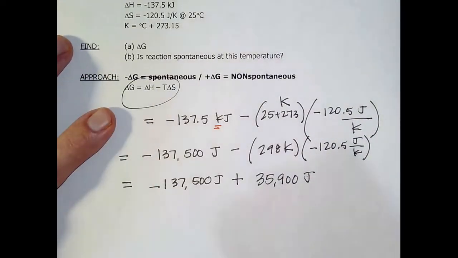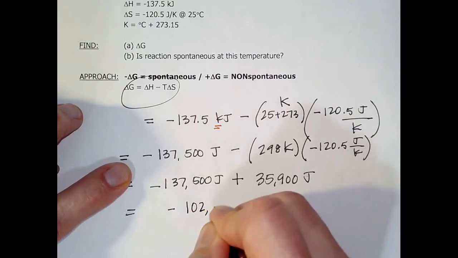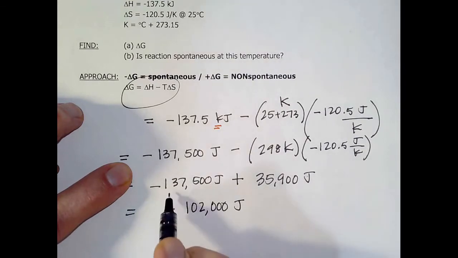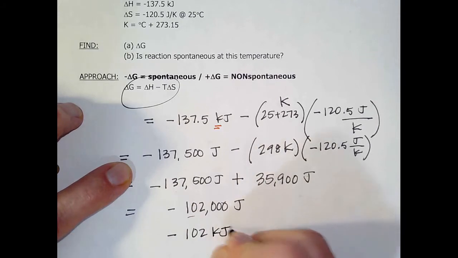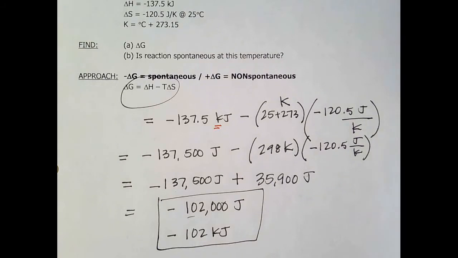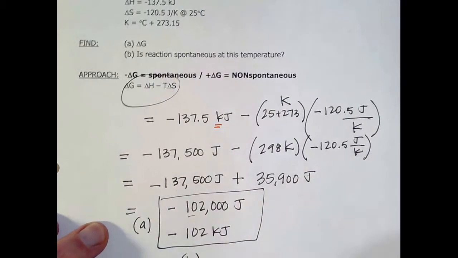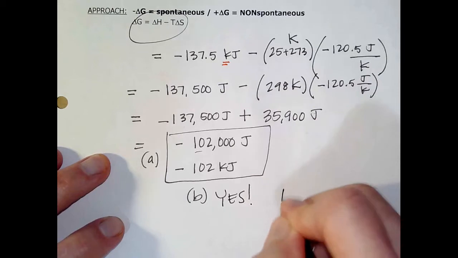About 102,000 joules. Probably round off to 3 sig figs, or minus 102 kilojoules. Is that spontaneous? Yes. So here's the answer to A, and B is yes. Delta G is less than 0.